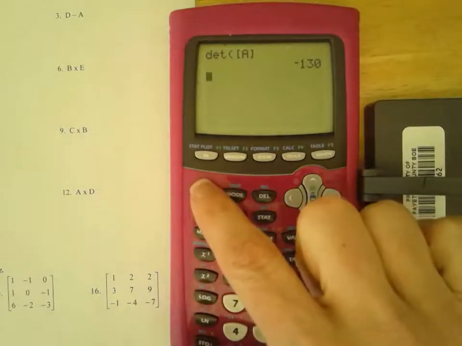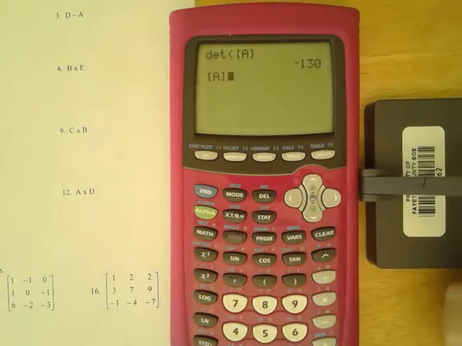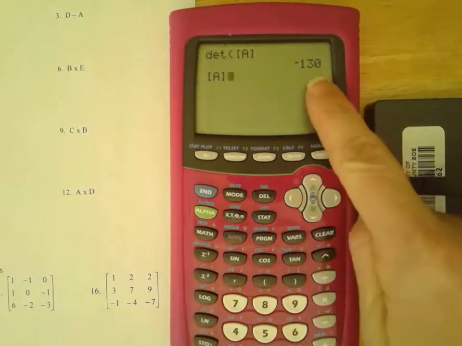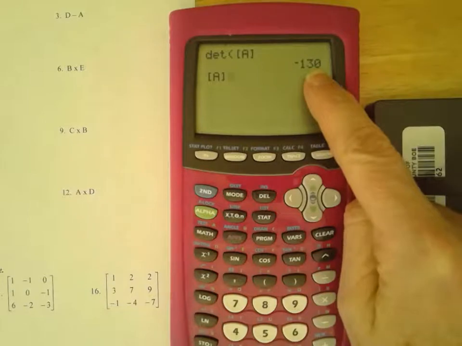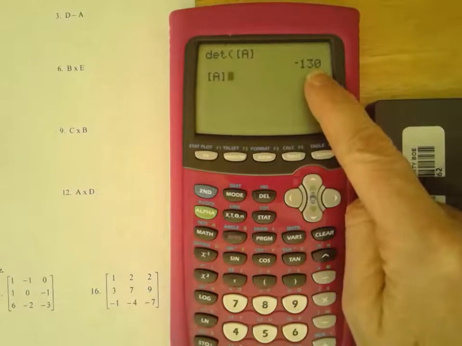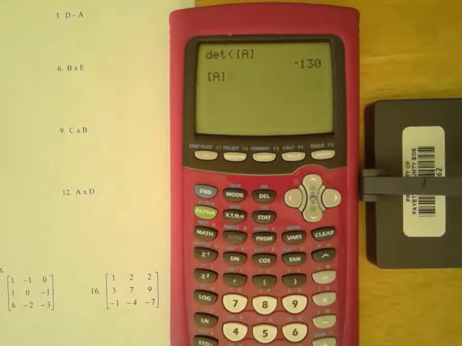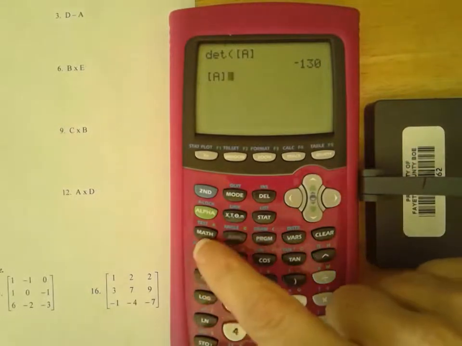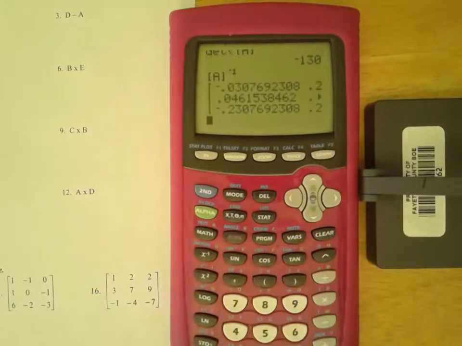So if we choose a matrix, like matrix A, we did not learn how to do an inverse of a 3 by 3. I can go ahead and tell you this is going to be ugly because my determinant is negative 130. And you know what we have to do with the determinant to find the inverse: 1 over. So it's going to be ugly, but that's okay. If you just do A inverse, I get really long decimals, and it makes it hard to see the whole thing.